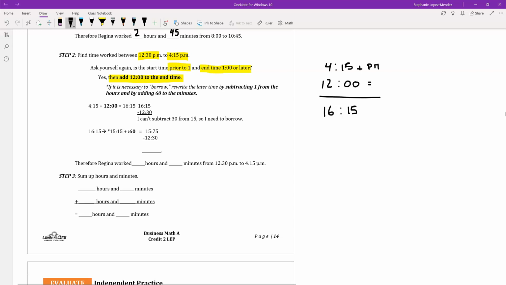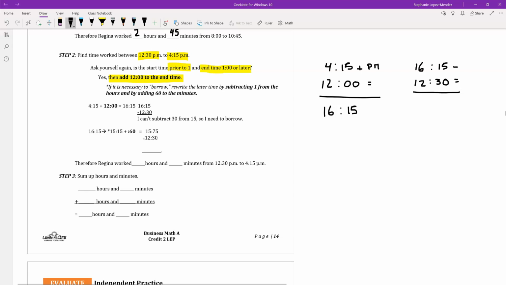So if we go and subtract 16 hours and 15 minutes minus 12 hours and 30 minutes, we need to check if we actually can do that. So 16 is greater than 12, but 15 is not greater than 30. That means that I need to borrow 60 minutes. Okay?